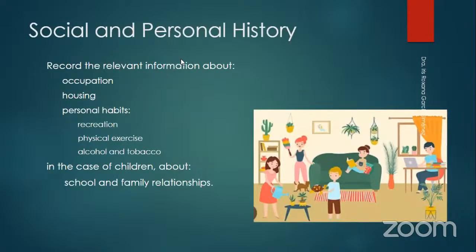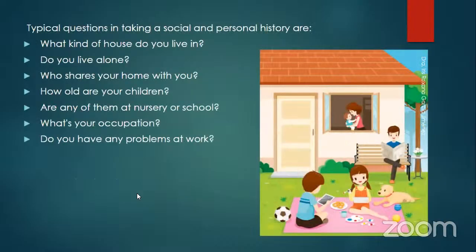About social and personal history, we consider, of course, occupation, housing, and personal habits like recreation, physical exercise, alcohol, and tobacco. In the case of children, we must ask about school and family relationships. It's important.